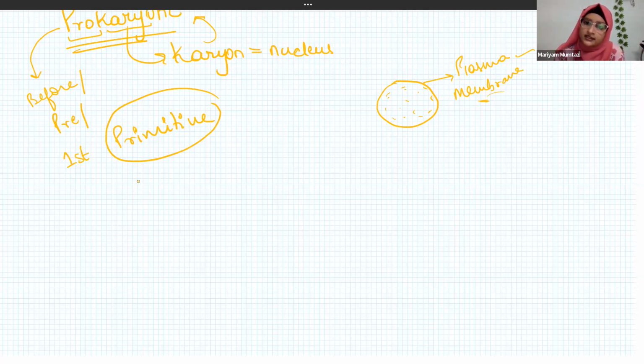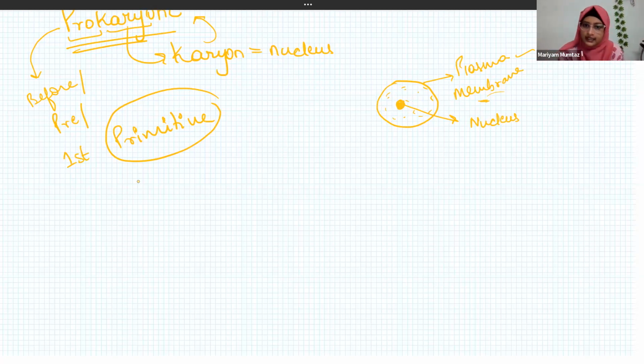Then here is a structure which is known as the nucleus of the cell. Now this structure is the most important structure of the cell. Without this, nothing can happen in a cell. So even in the most primitive organism, and even in the highest or advanced organism, the nucleus is present.